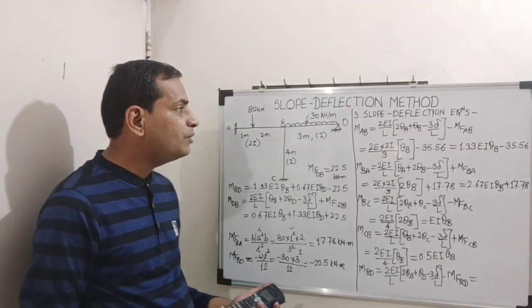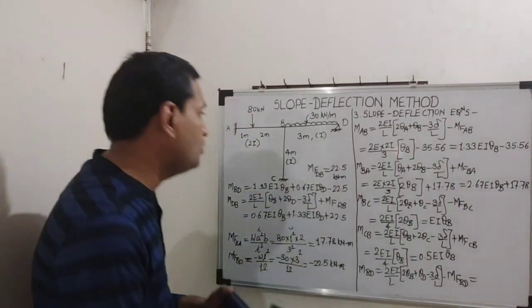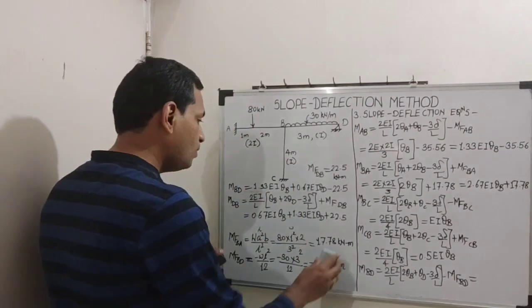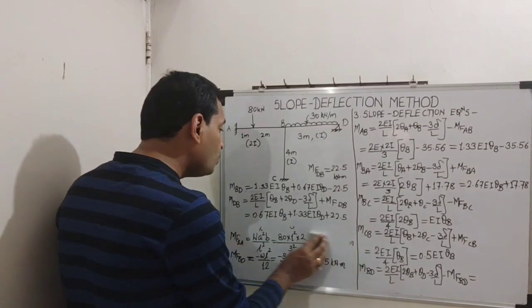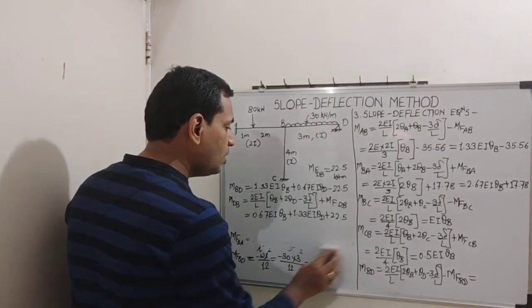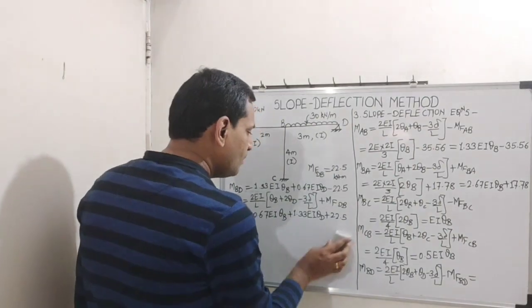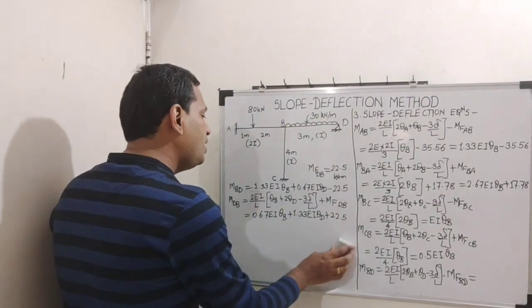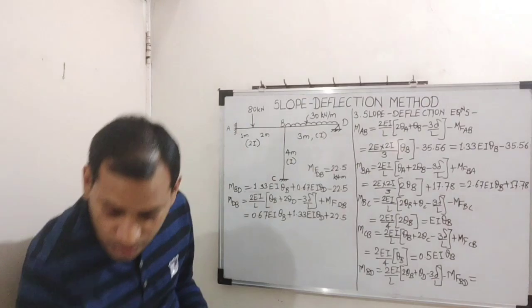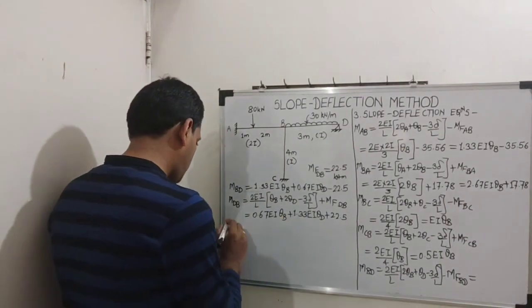Now step number 4, equilibrium equations. So let us see what are the equilibrium equations. We need 2 equilibrium equations because our unknowns are 2. So our first unknown is theta B. Related to theta B, we have this equilibrium condition.